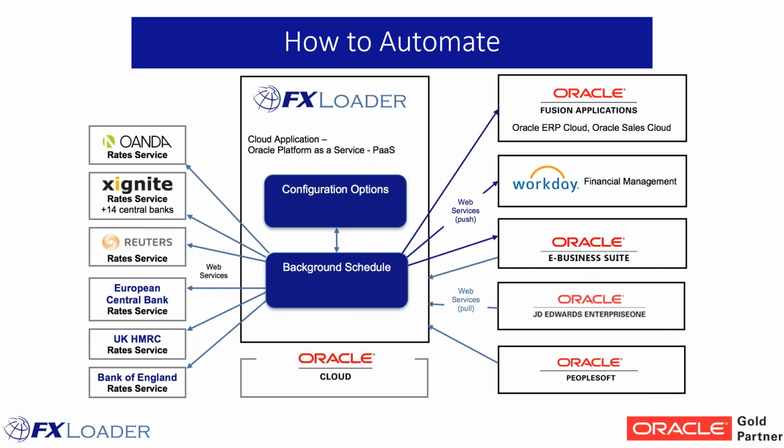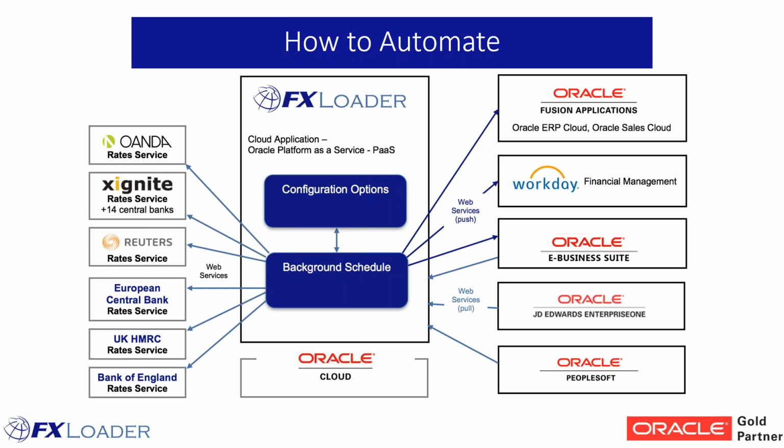So in terms of how you automate, I won't go into a lot of technical details here. This shows our FX Loader cloud platform integrating with the rates providers, the sources on the left-hand side, and various ERPs on the right. One important point here is we do everything with web services, no files moving around.